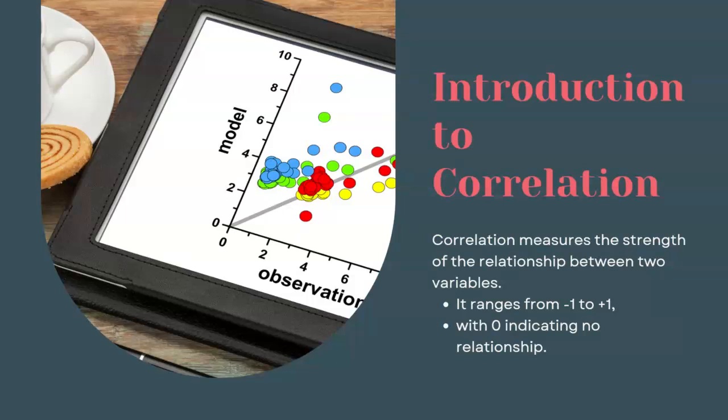It measures two things, and there are always two things that you must describe when asked to interpret a correlation score: the strength of the relationship and also the direction of the relationship. So it can be from weak to moderate to strong, or it can be negative or positive.